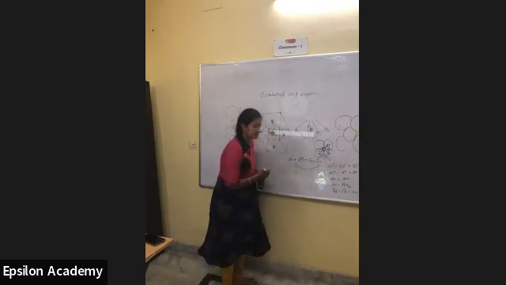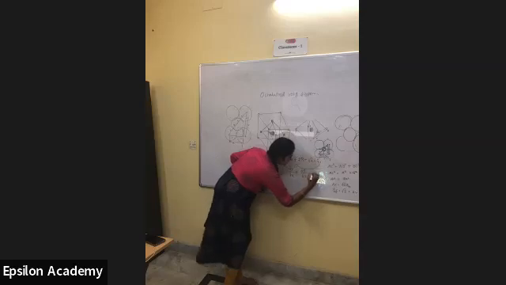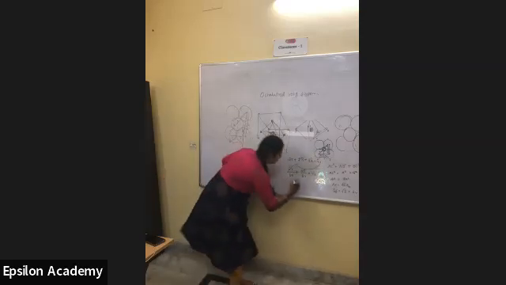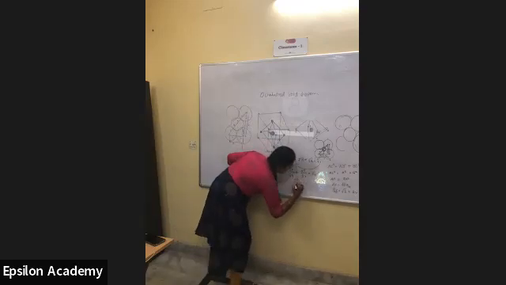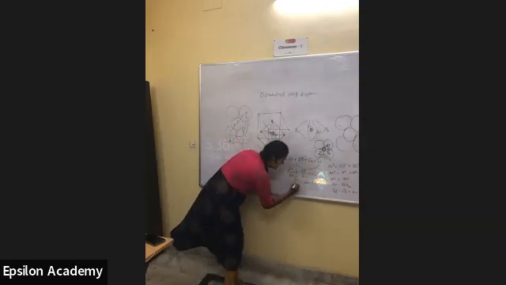Now, take this one. 2 capital R plus 2 small r is equal to root 2 into 2r, so root 2 minus 1. This plus 1 goes here, cancel this thing.